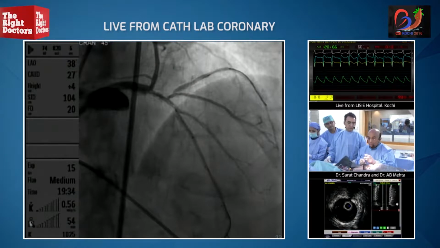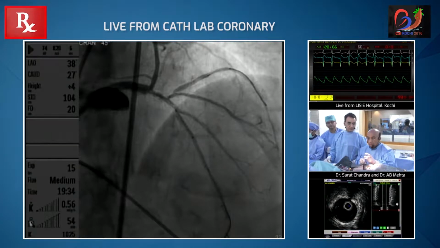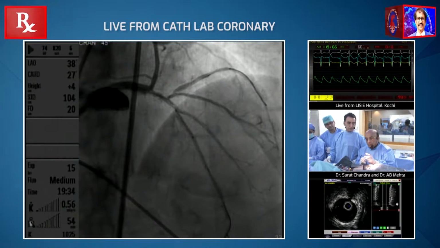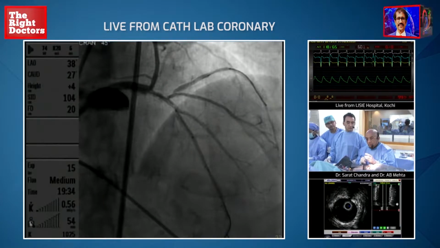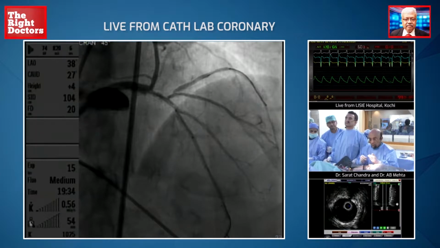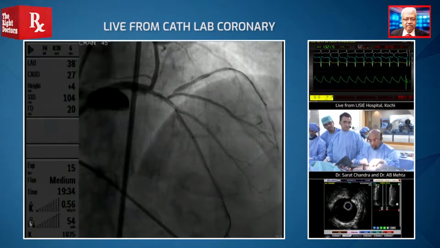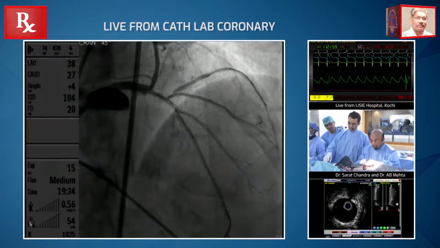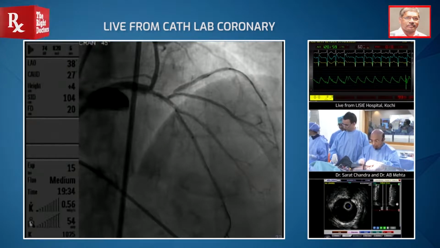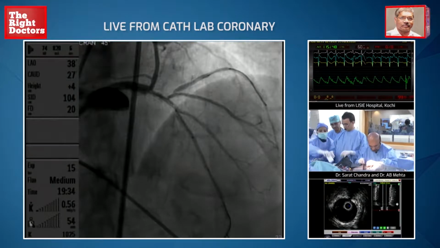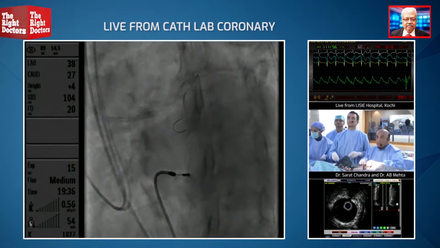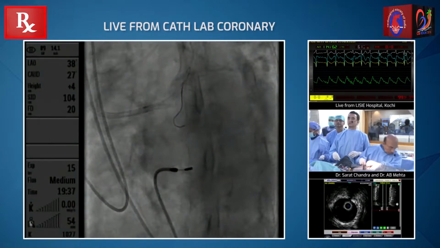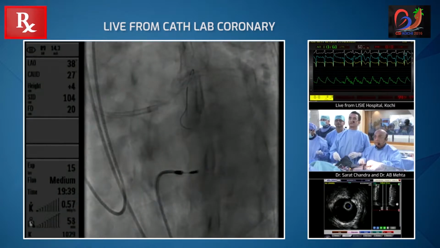There's good data that residual low FFR does relate to adverse outcome. And sometimes you can be surprised that you can treat what you think is the most severe lesion angiographically, and you repeat the FFR, and they're still in the ischemic threshold.